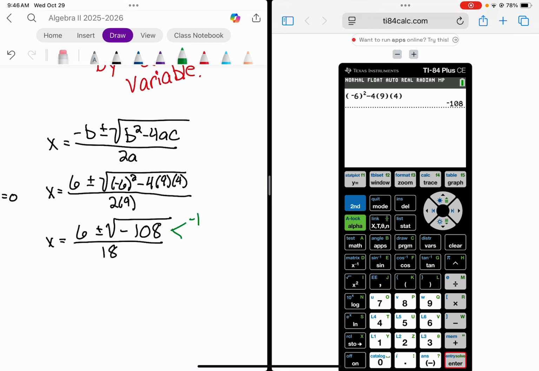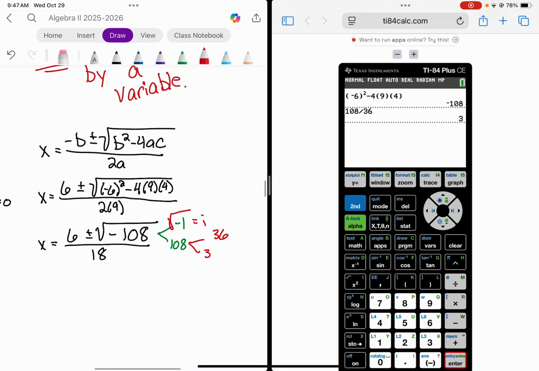With these, we are giving the exact answers, so that's when you're going to do your factor tree. We know we have a negative and then 108. So when you take the square root of negative 1, that gives you an i. So we know we're going to have an i. Then we need to figure out a few things that 108 is divisible by. You can try a few different numbers. I know that 108 is divisible by 36, so I'm going to factor it into a 36 and a 3.